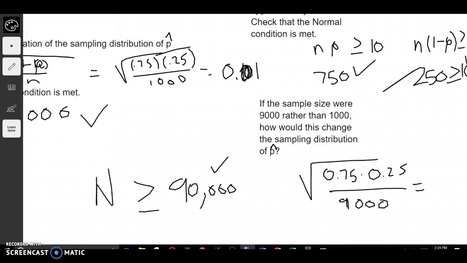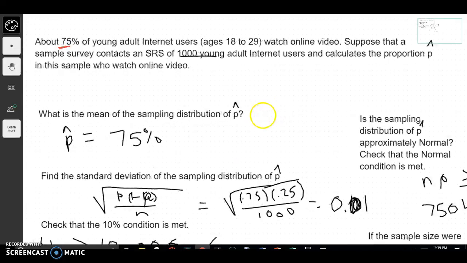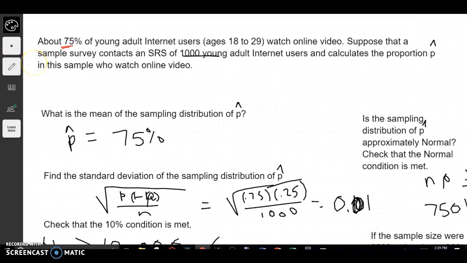It's 0.004 now. So it just makes the variability smaller by taking a bigger sample size, which makes sense because the bigger the sample size, the more we should keep reducing the variability.